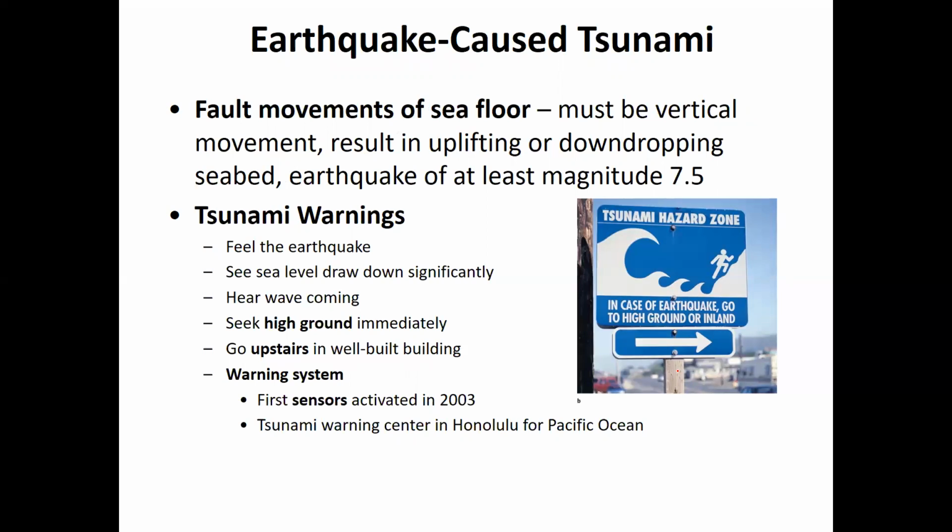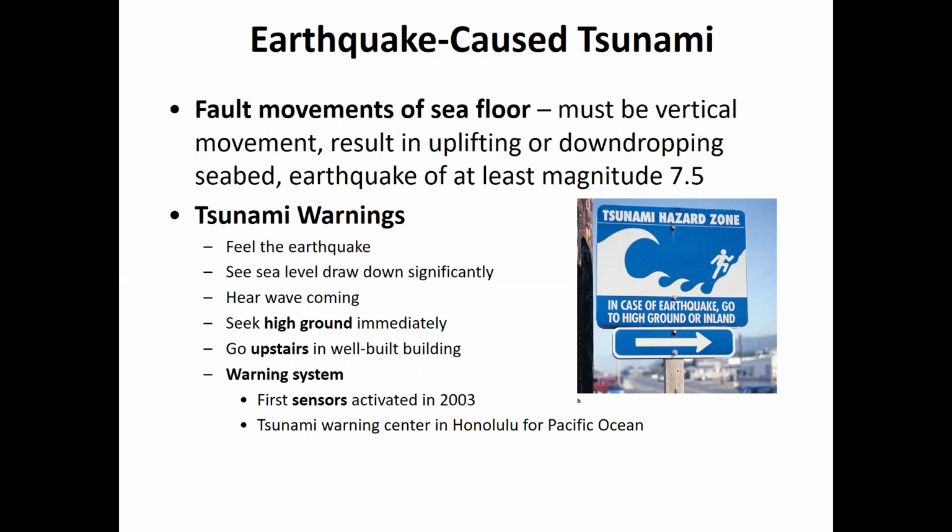So for earthquake-caused tsunami, as we said, it's fault movements along the seafloor. There must be vertical movement, resulting in the uplifting or downdropping of the seabed. And to have enough movement to generate a significant tsunami, the earthquake generally has to be at least a magnitude 7.5.